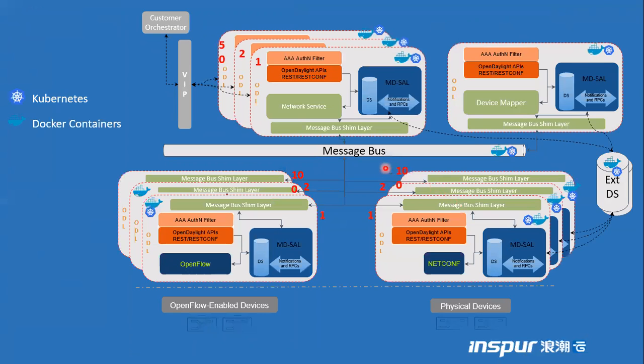Here is a presentation from Anil. Anil talked about this in OpenStack Los Angeles. They also proposed a similar way. Here, they want to use a message bus, Kafka or RabbitMQ. For southbound, they only run the OpenFlow or NETCONF protocol.